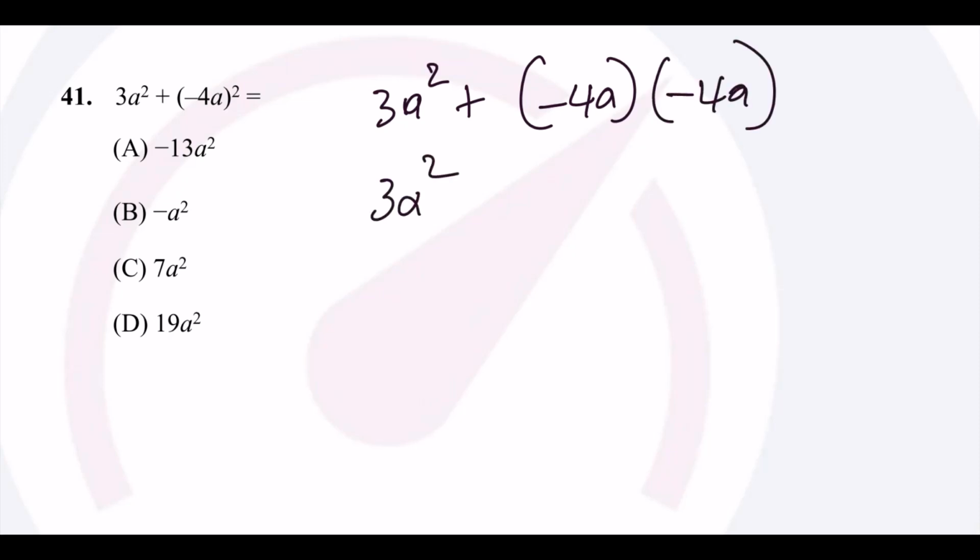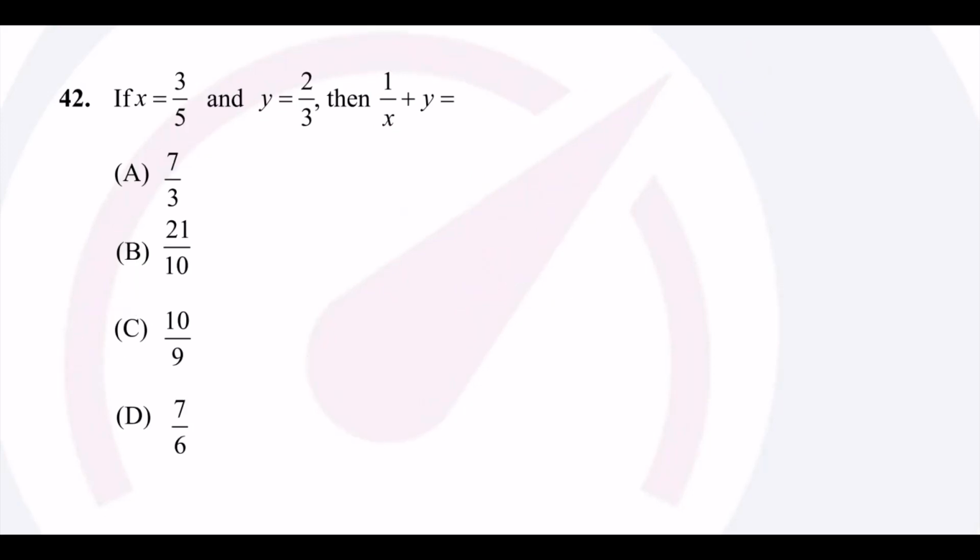So we have 3a squared, plus negative 4 times negative 4 gives me positive 16. A times a gives me a squared. So now we have 3a squared plus 16a squared, and that gives us 19a squared. So our answer is going to be D.